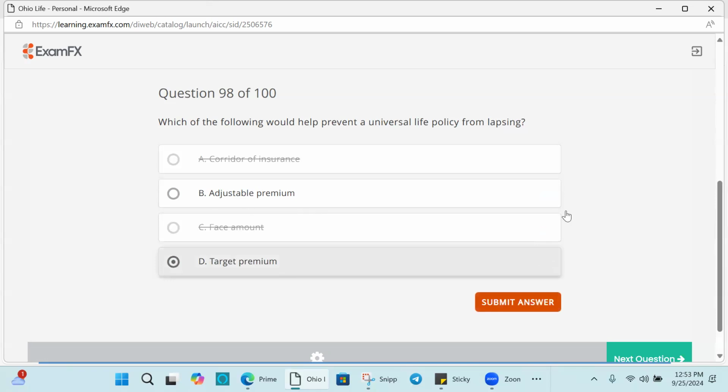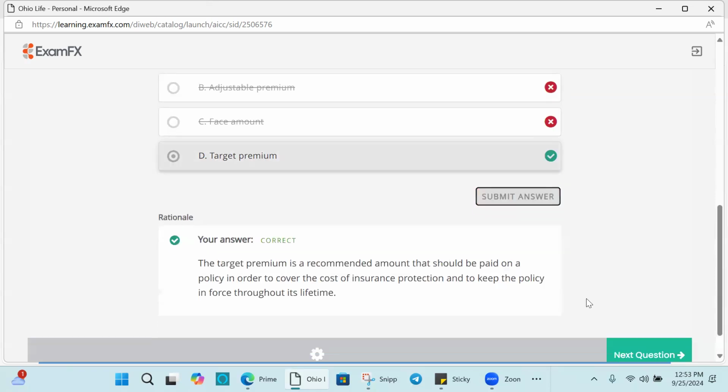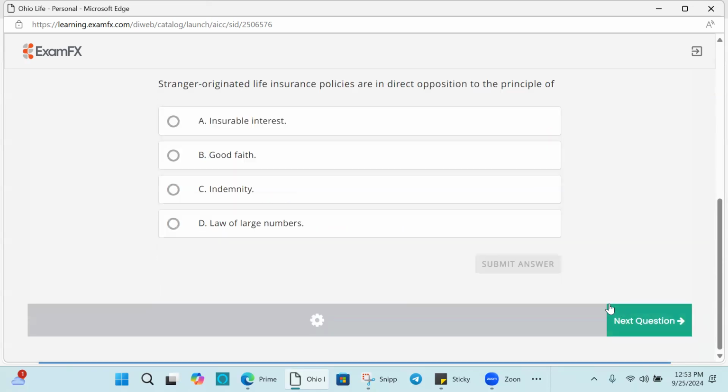So the minimum premium might be 50, which is the cost of insurance. The target premium might be 125, which means I'm paying extra into the policy every month so that if I don't pay my premium, they have money to take the premium from. So the answer is D. That always goes into the cash value, which is what they took from to keep it from lapsing.